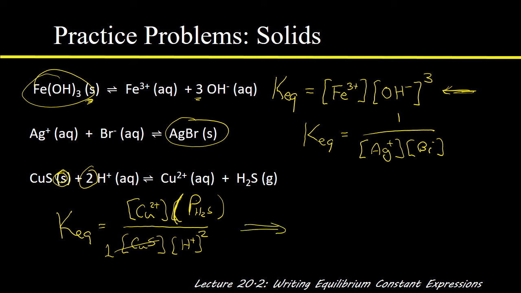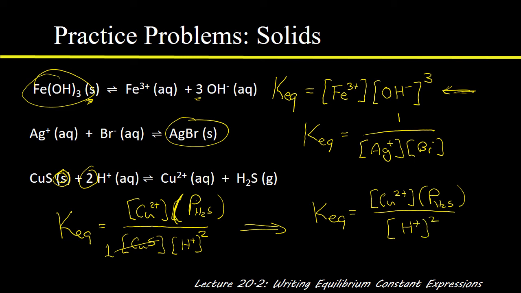And so what we're left with is our equilibrium constant expression: concentration of copper 2 times the partial pressure of hydrogen sulfide, divided by concentration of hydrogen ions squared. Okay.